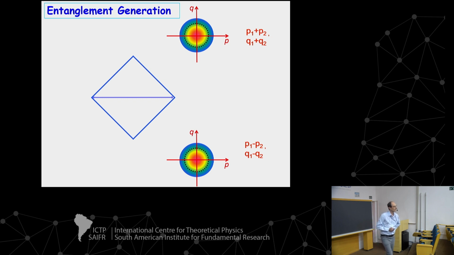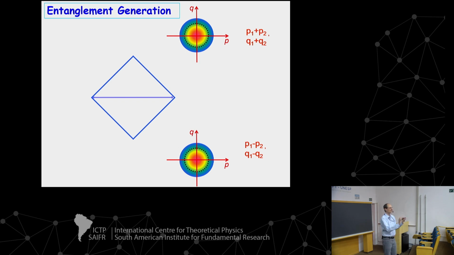How do you do this in the lab? How do you make this interaction between these two? You send the two beams into a glass plate. That's why I said the beam splitter is a powerful quantum machine. So you send two beams in a squeezed state and put them to interact through the glass plate, and then what you have in the output, if you measure, is thermal and thermal.